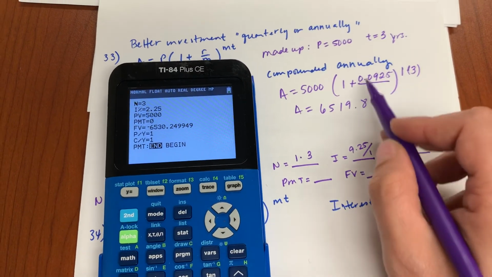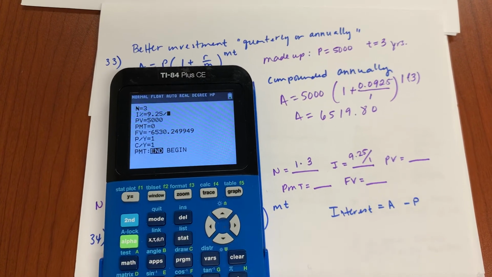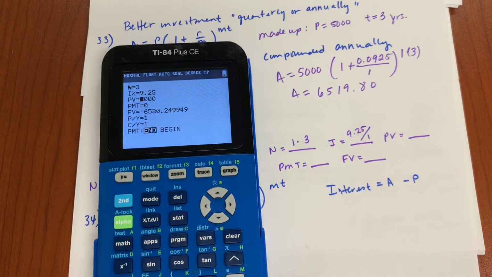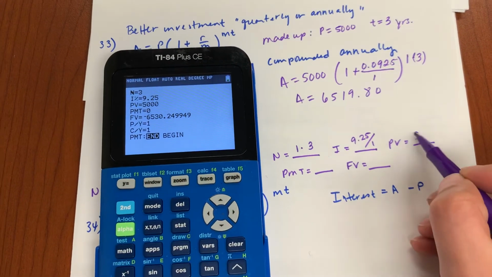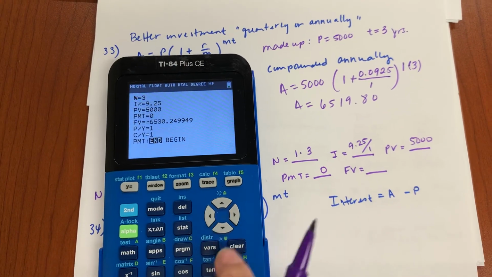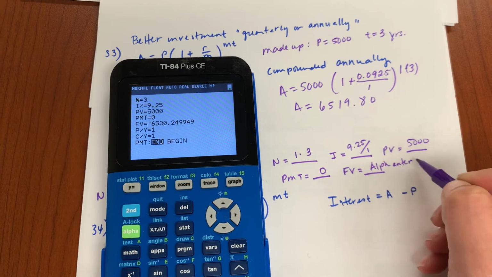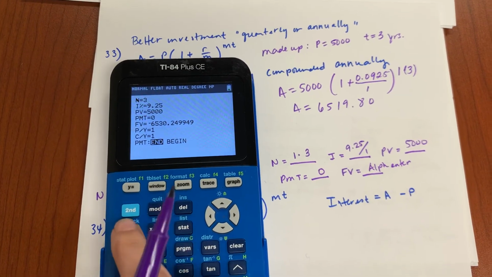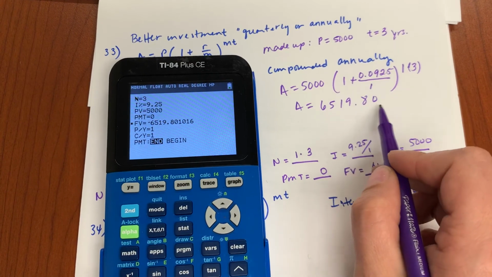It's taking into account this part of the formula. So 9.25 divided by 1 is still going to be 9.25. It's still a present value of 5,000. There's still no payments. Still no value. So here you hit alpha, enter. And sure enough, it's a match, 6519.80.